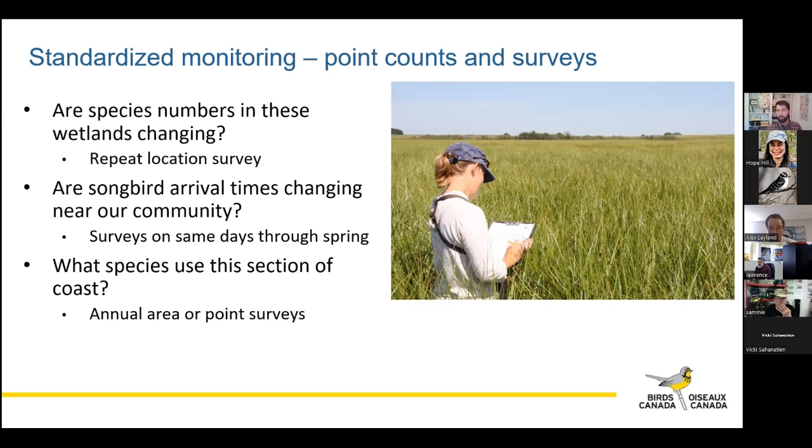So doing a series of surveys through the spring each year and telling when different species are arriving based on that. Or what species use a certain section of the coast the most, and why is this section of coast of interest for that species? And so doing repeated surveys along the coast.